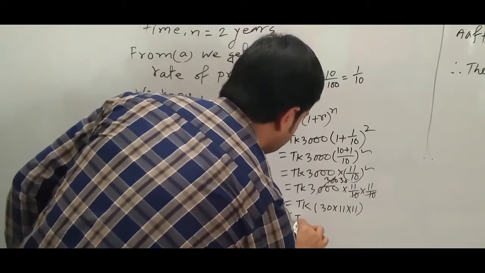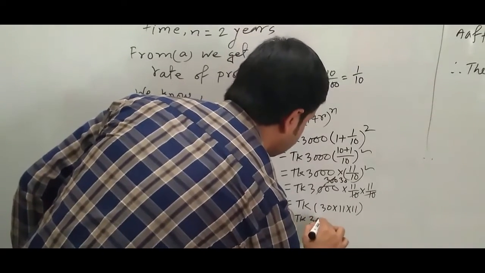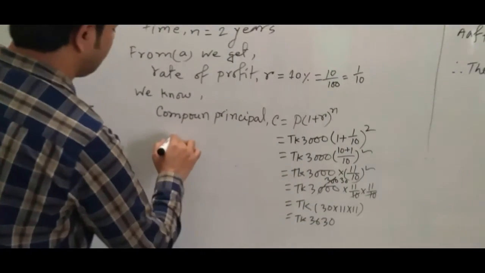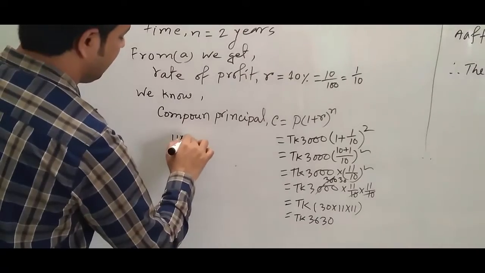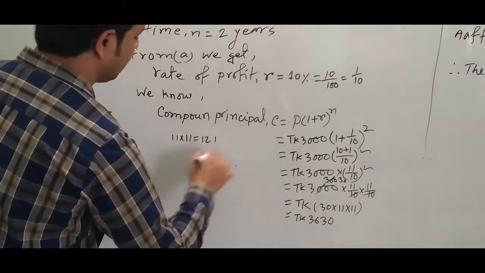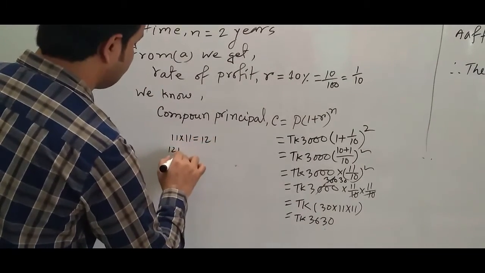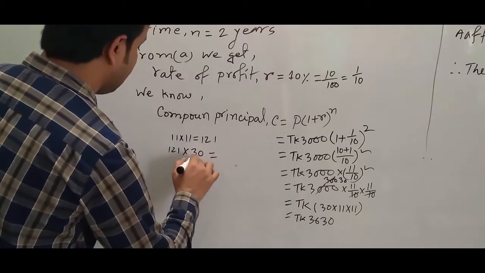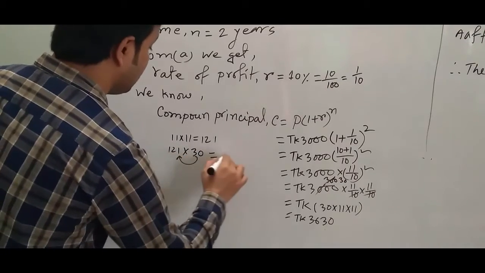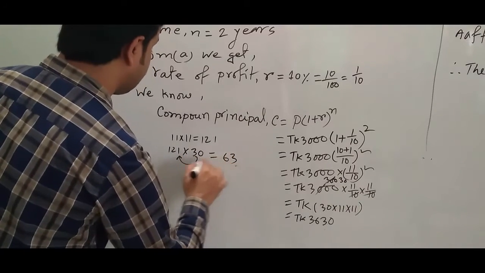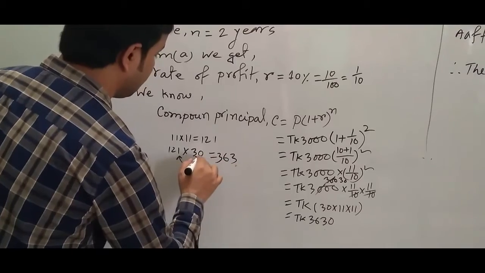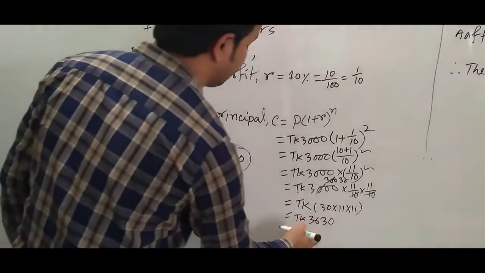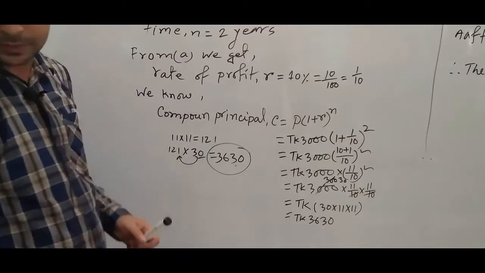You will get taka 3630. This is simple multiplication. If you multiply 11 and 11, you will get 121. Then multiply 121 by 30. At first multiply by 3. 3 ones are 3, 3 twos are 6, 3 ones are 3. Then put this 0 here. So 3630 is our required product.